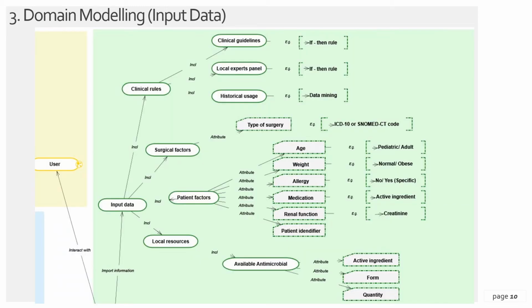Input data for the APS include clinical rules, which are derived from clinical guidelines, local expert panel, and historical use in the form of if-then rules and using data mining techniques. Surgical factors indicate the type of surgery. Patient factors include 6 different attributes: age, weight, allergy, medication, renal function, and patient identifier.